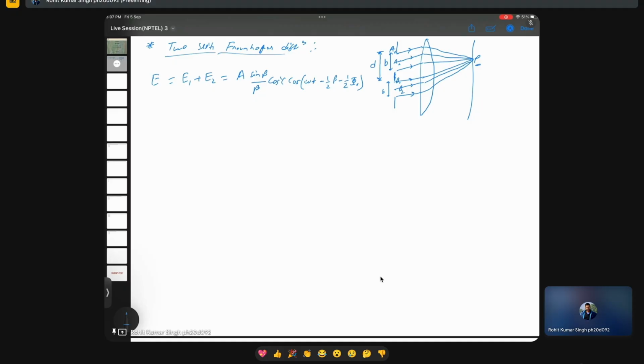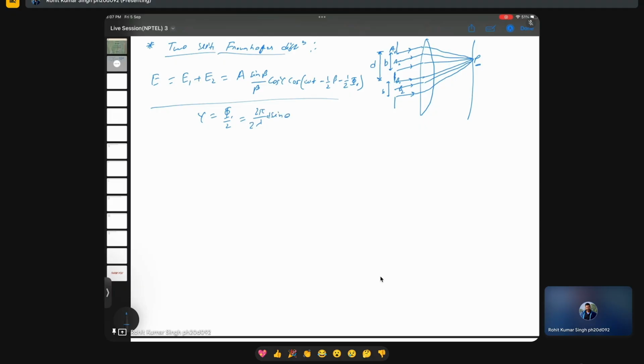So this was the resultant electric field due to two slits, where gamma was just phi 1 by 2. Phi 1 is the phase difference, which was 2 pi by lambda d sine theta.